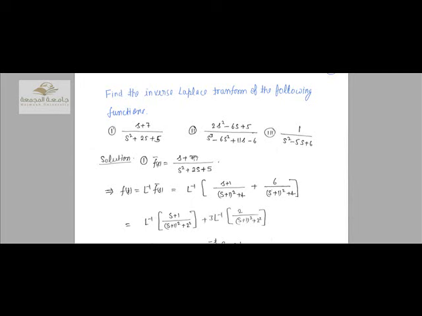Now we write f(t) is equal to L inverse of F(s) bar; we have taken L inverse on both sides, (s plus 1) plus 6, and this denominator can be written as (s plus 1) whole square plus 4.